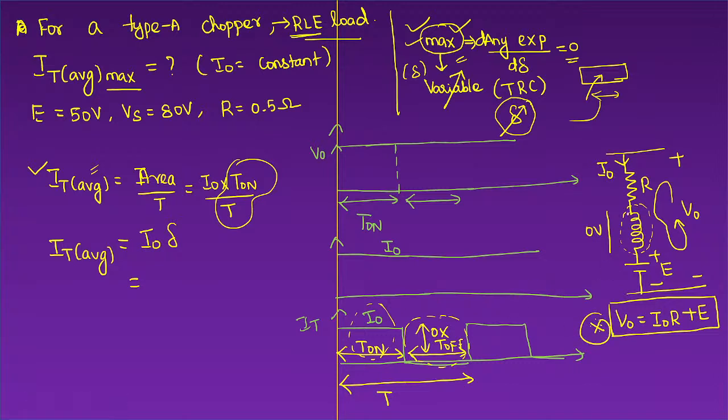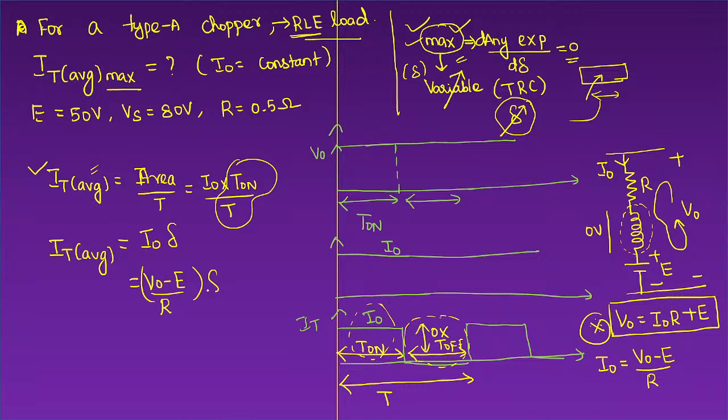If we have DC, then the inductor will behave as a short circuit; you can't observe any voltage drop across it. Okay, sir. From this expression, can I write the output current like this? I naught can also be written as V naught minus E upon R. It is the same formula we went through in rectifiers because it is the same type of load. So I naught can be replaced by V naught minus E upon R, into delta.